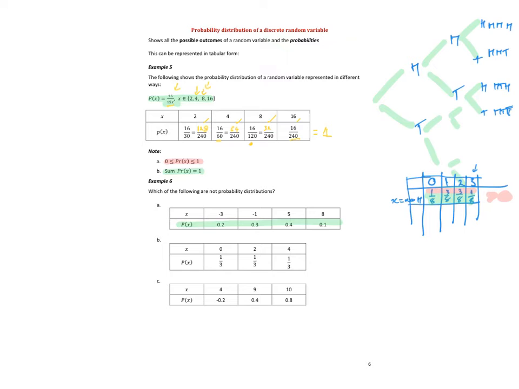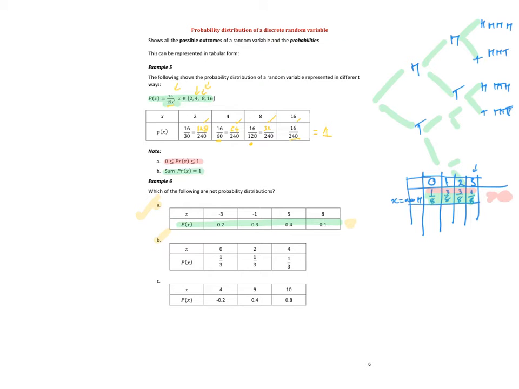So if we look at these examples here, which of these are probability distributions? Well, let's have a look. 0.2, 0.3, 0.4, 0.1 adds up to 1, and they're all positive, so no problems there. 1/3, 1/3, 1/3, they're all positive and they add up to 1, no problems there.